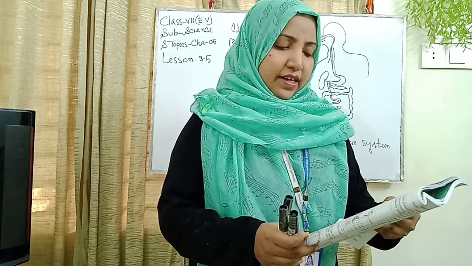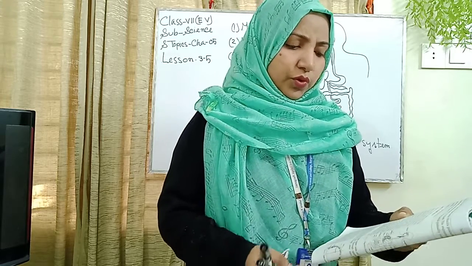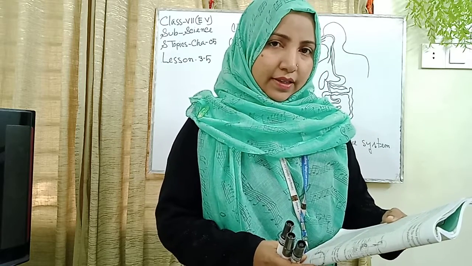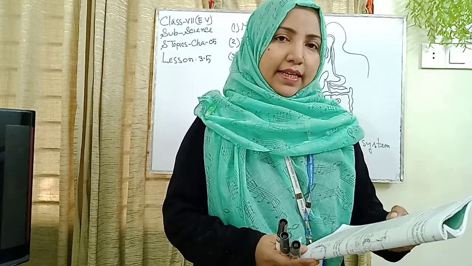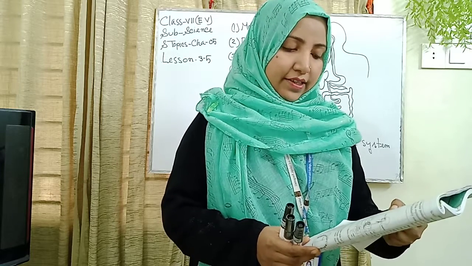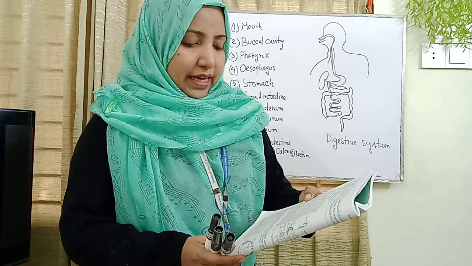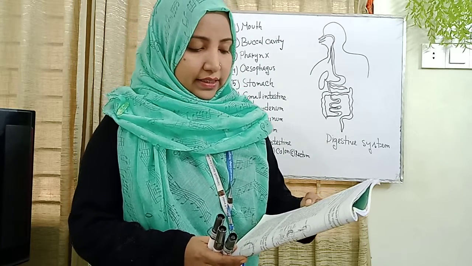Besides, three glands secrete digestive juice and enzymes: stomach glands, pancreas, and liver. Moreover, a few small glands in the inner walls of the stomach and small intestine secrete digestive juice and enzymes. Our digestive system extends from the buccal cavity to the anus.